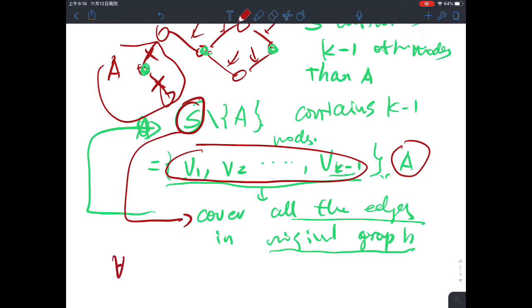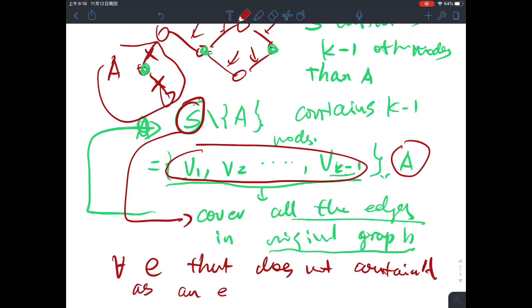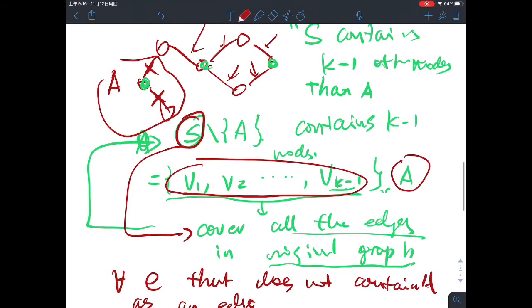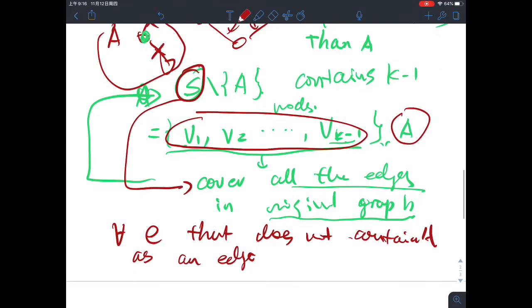So for any edge that does not contain A as an end, for any edge that's not adjacent to A, sometimes we call this adjacent to A, right?